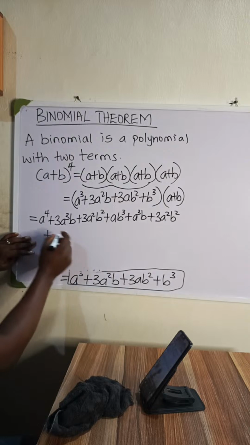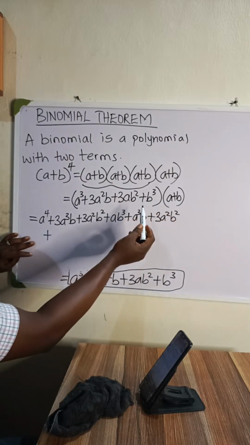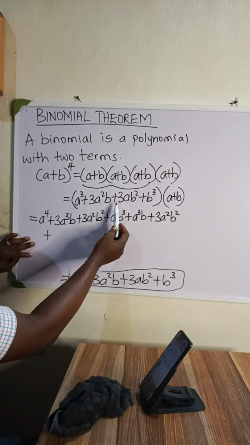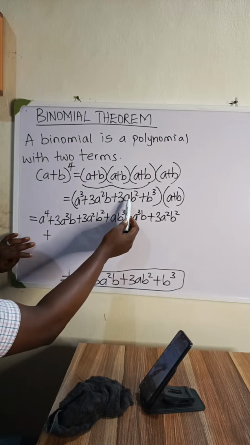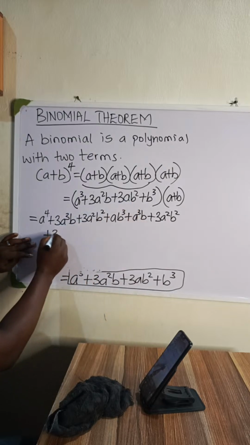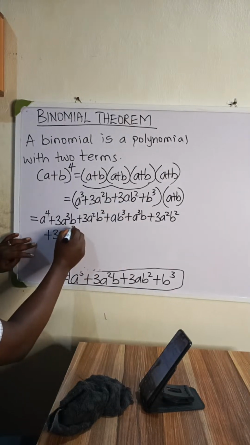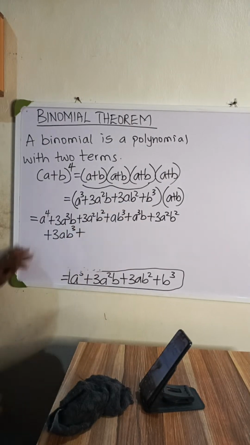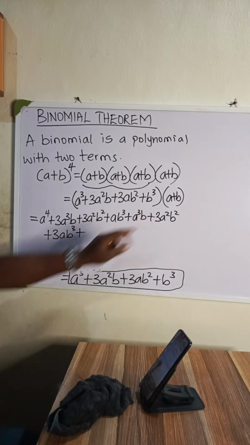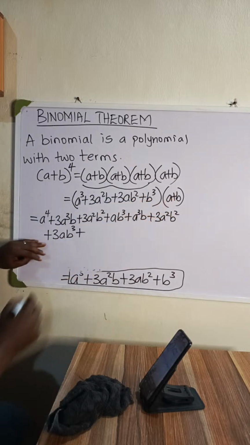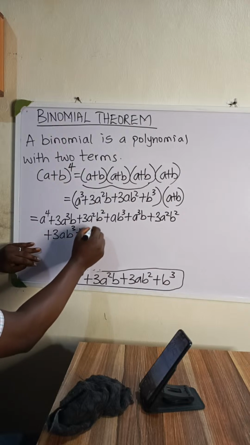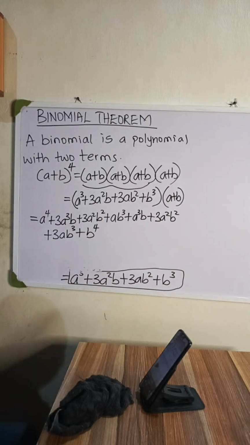Plus b multiplied by 3ab squared is going to give us 3ab cubed, plus b multiplied by b cubed is going to give us b to the power of 4. Okay.